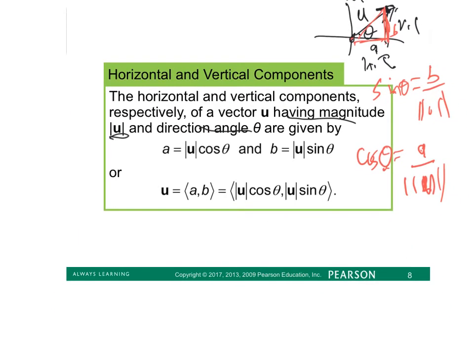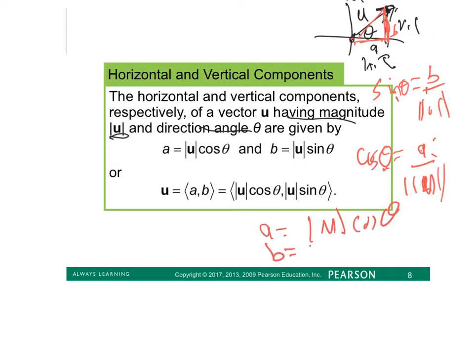Now that you know this relationship, if you solve it for A and B, I'll do A first. A is equal to the magnitude of the vector U times cosine of theta.